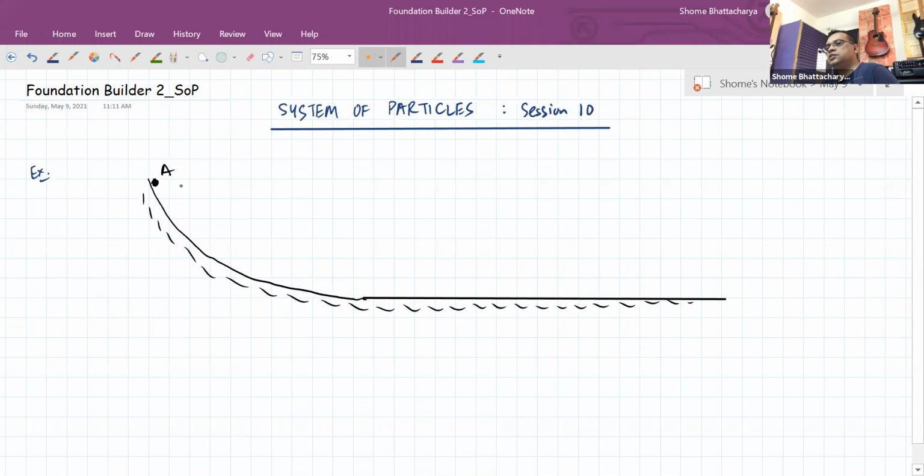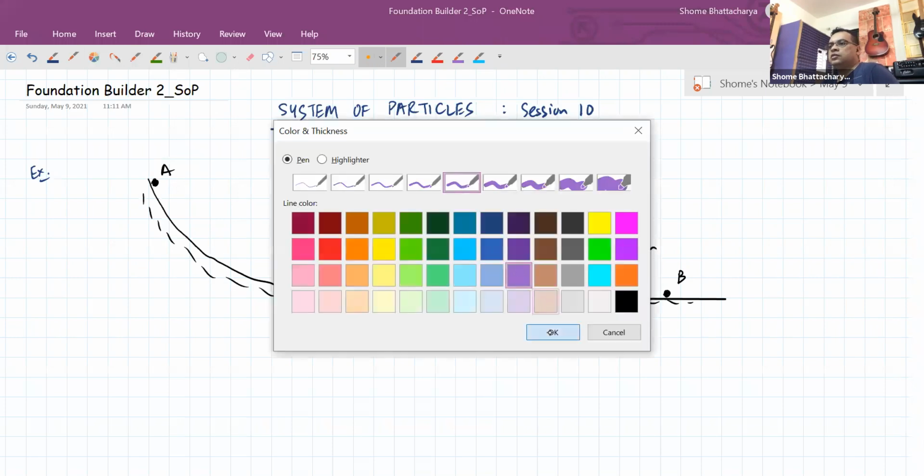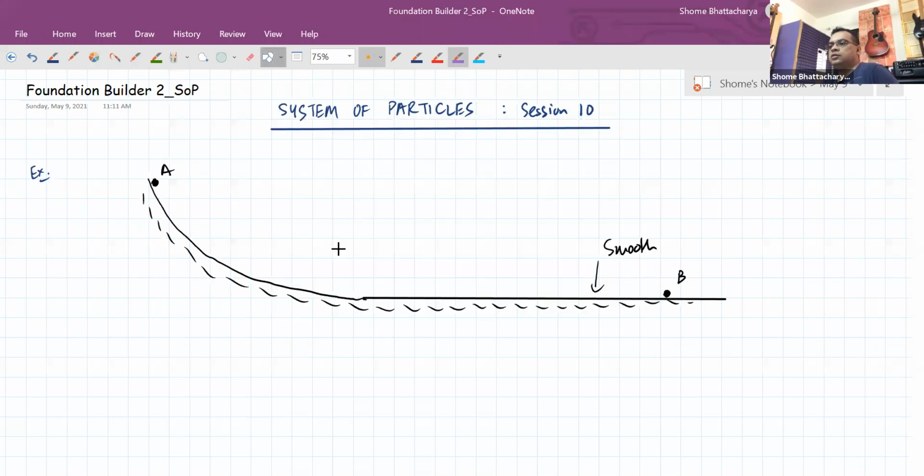So this could be, for example, a smooth surface. And a particle A is released from rest over here. And then somewhere here it collides with another. And suppose given to us that this distance is h.